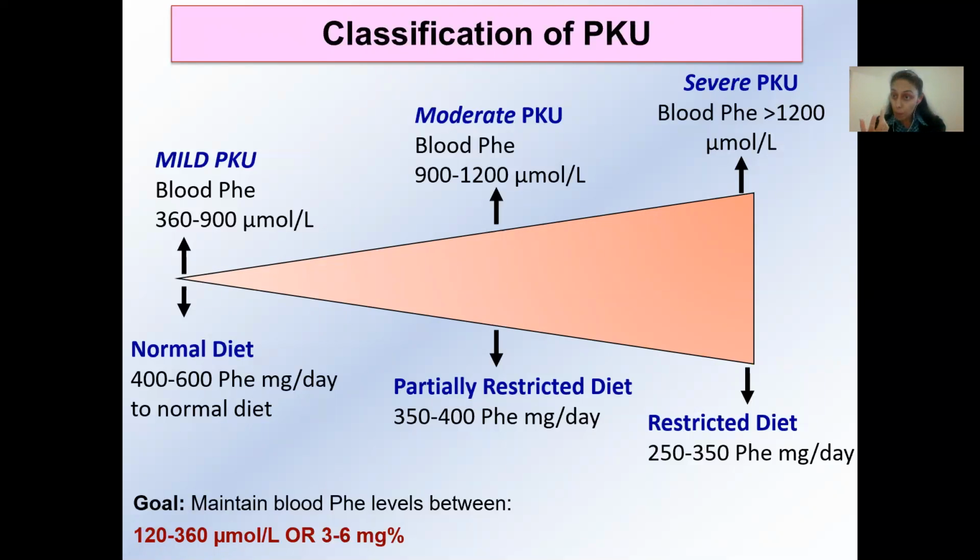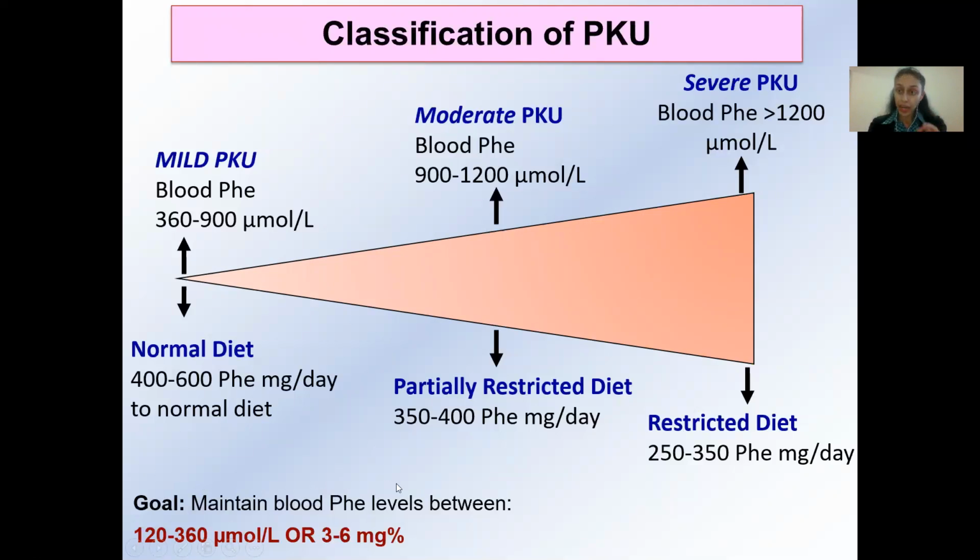Similarly, with PKU, you need to monitor your protein intake because phenylalanine is an amino acid, and amino acids are components of various other proteins. So in PKU, when I talk about dietary restriction, it is restricting the amount of protein, that is, the amount of Phe the individual is consuming in the diet.